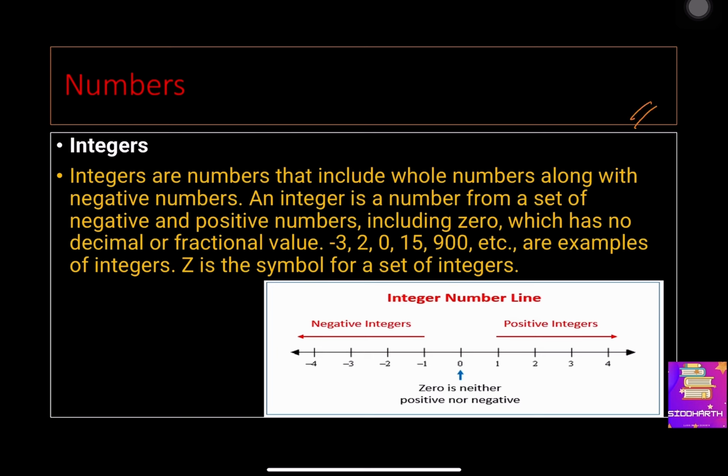Now next is integers. Integers are numbers that include whole numbers and negative numbers. So whole numbers plus negative numbers is integers.